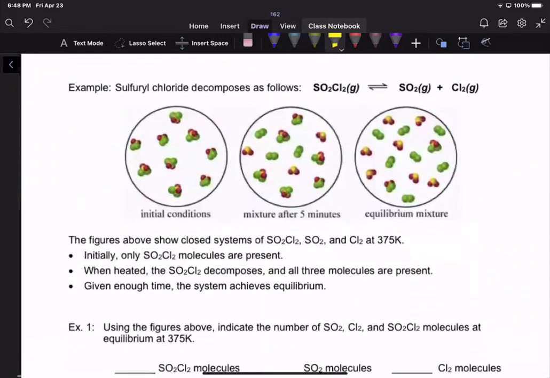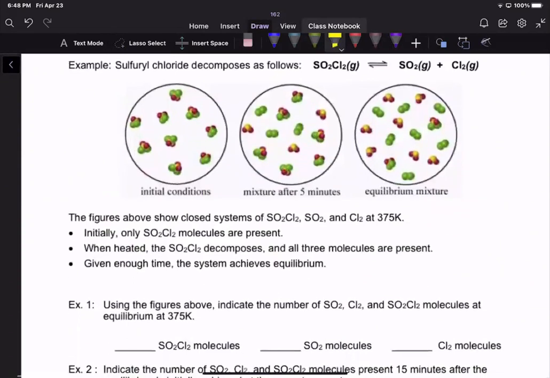So here's an example. We are looking at this equation of SO2Cl2 in equilibrium with its decomposition products, SO2 and chlorine gas. So we have our initial conditions, and that has 1, 2, 3, 4, 5, 6, 7, 8, 9 molecules of SO2Cl2.